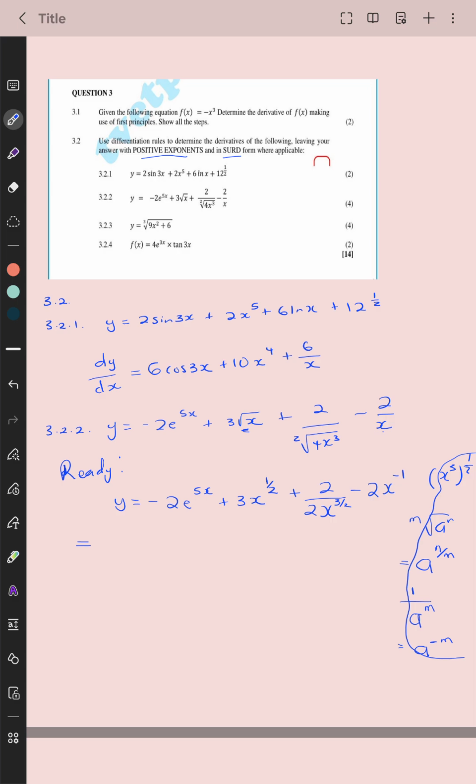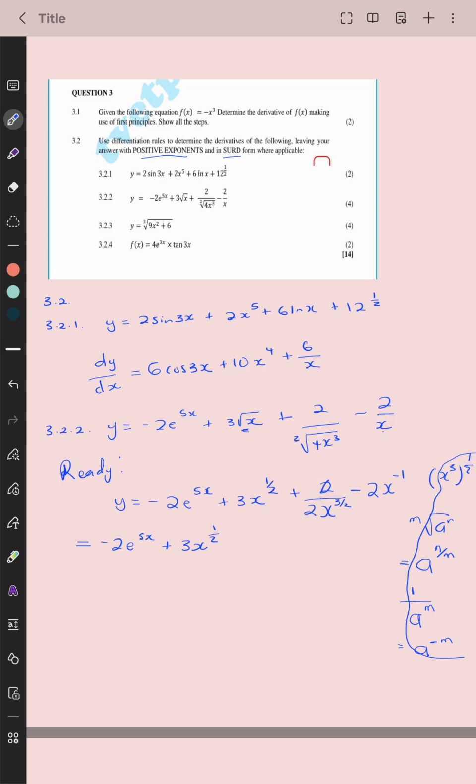All right. Now we look at our equation. Is it now differentiation ready? The answer is still no. Why? We have an x at the bottom. Take it up. Let's do that. -2e. The ready ones, don't touch until everything is ready.